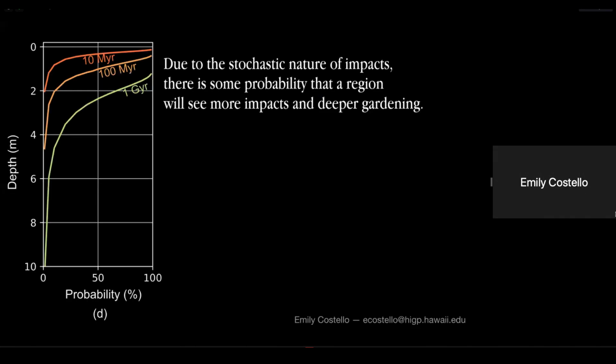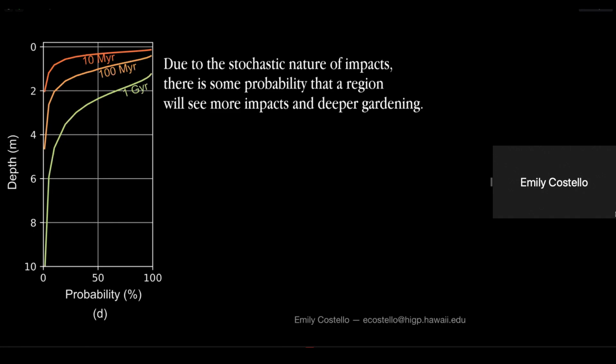Now, here's another perspective of the impact gardening results in regolith, where I've flipped the vertical axis, where we're still looking at gardening depth, but we have the surface at the very top and we're proceeding to depth, digging deeper as we go down. The horizontal axis is probability. Now, we can think about probability here.